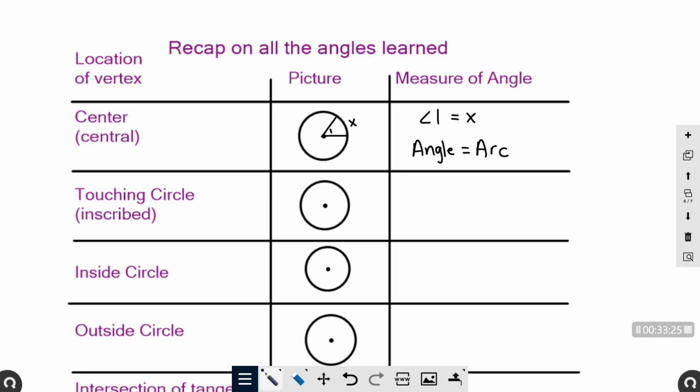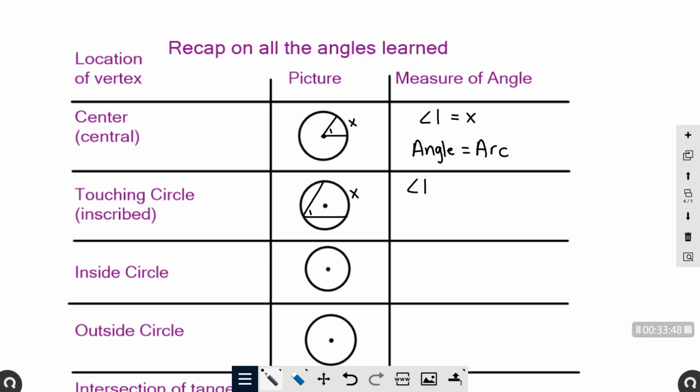Okay. What happens if the vertex is touching the circle where it's an inscribed angle? So that's where maybe we have an angle that looks like this. Here is angle 1. How is the angle related to the arc? It's half.